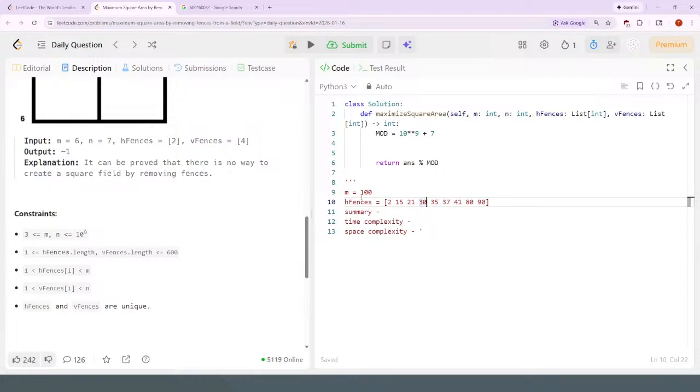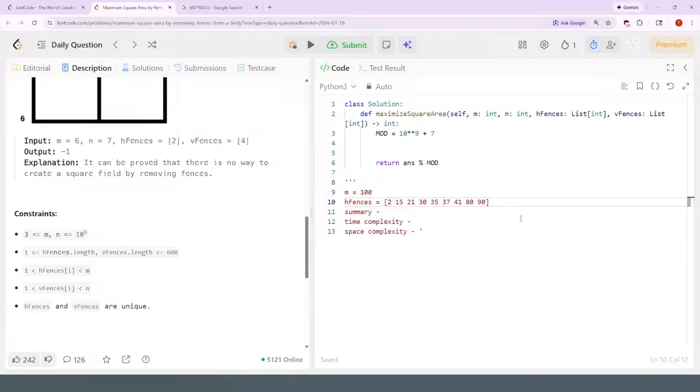So the gaps would be like 1 to 2, 1 to 15, 1 to 21, 1 to 30, 1 to 35, 1 to 37, 1 to 41, 1 to 80, 1 to 90, 1 to 100 as the possible things that start with 1 and go to some bottom one. And then you have 2 to 15, 2 to 21, 2 to 30, 2 to 35.